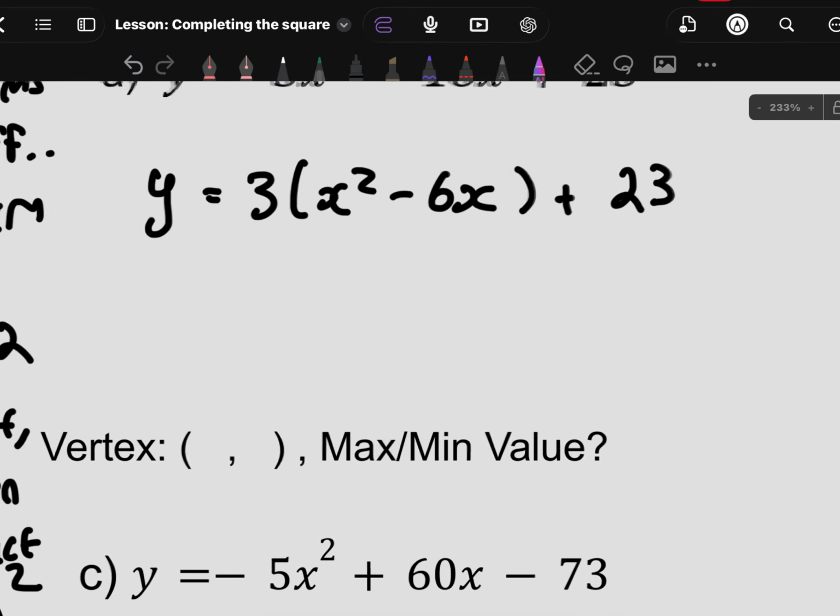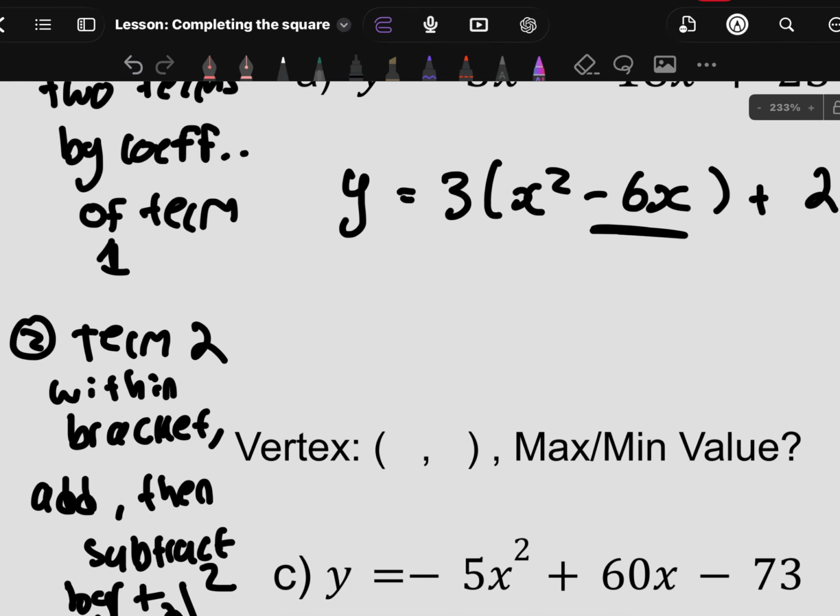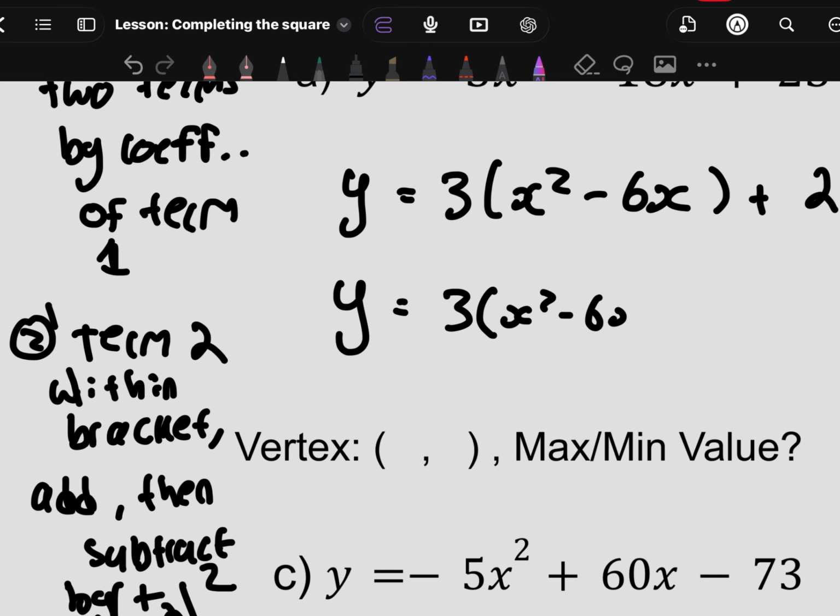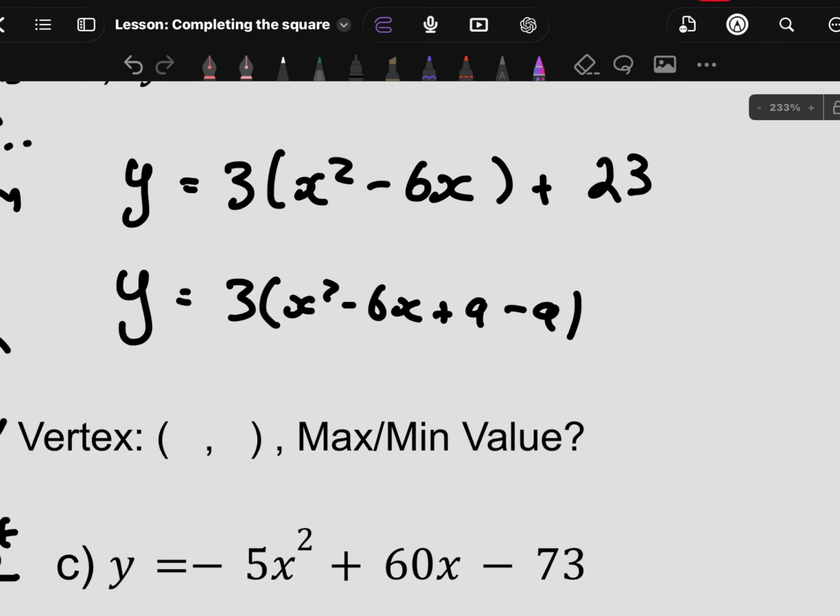So this is our term 2 inside the bracket. Negative 6 divided by 2 is 3, and squaring that is 9. So y equals 3 times x squared minus 6x, and we don't include the variable. We just do plus 9 minus 9, plus 23.